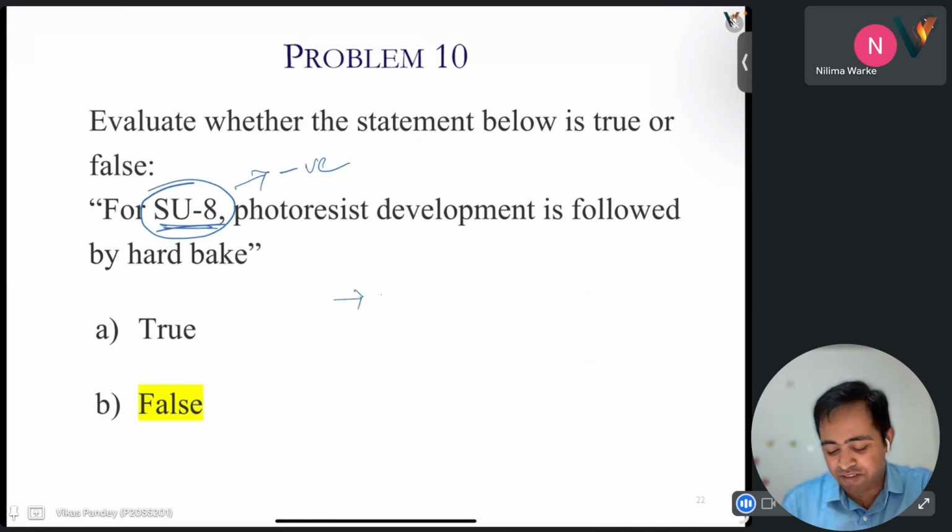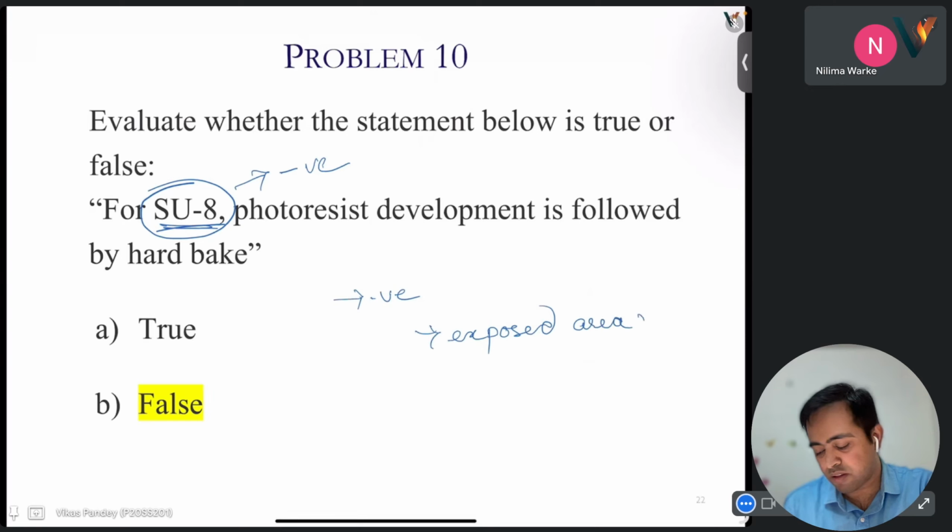In case of negative, the exposed area remains. In case of positive, exposed area is removed.